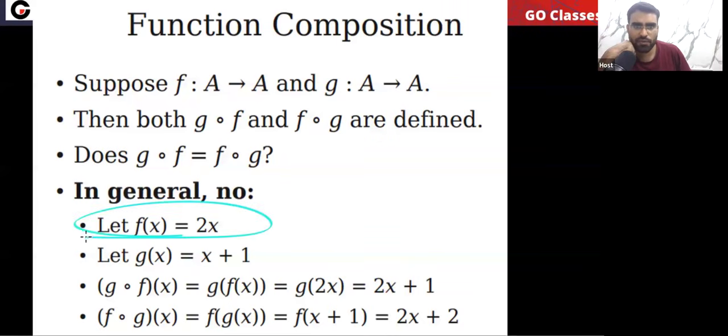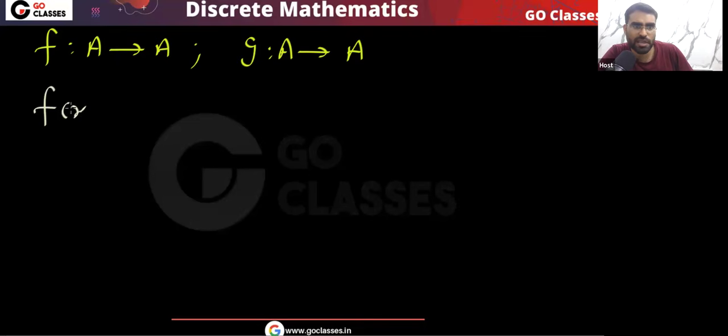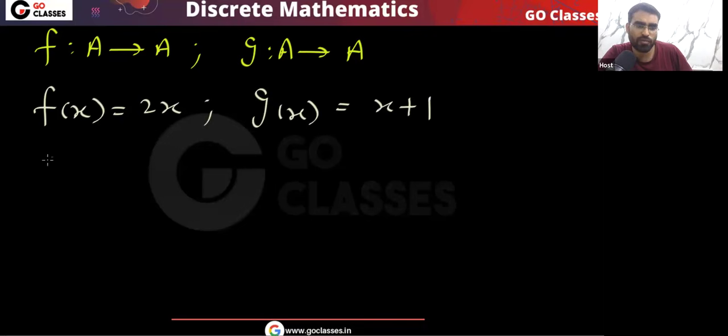You can see, if fx is 2x and gx is x plus 1, then what will be fog x?